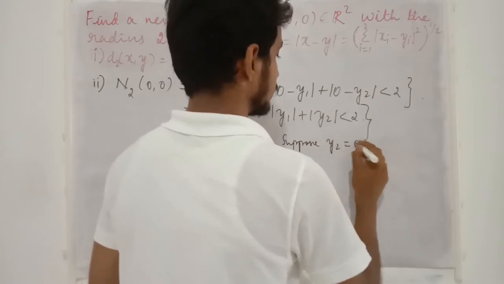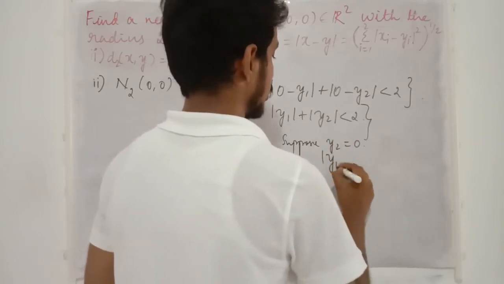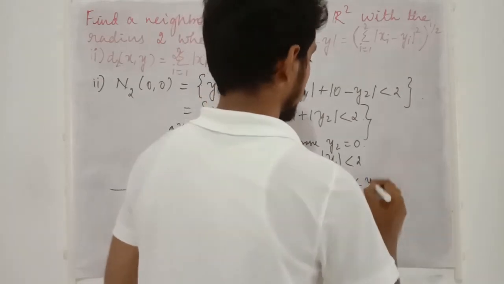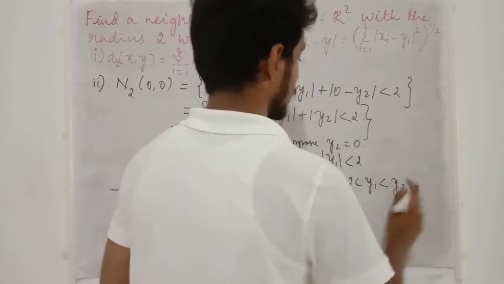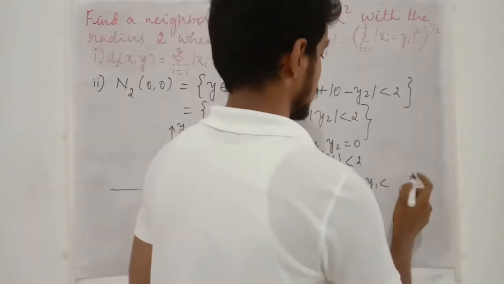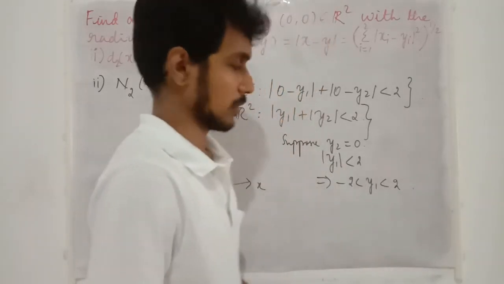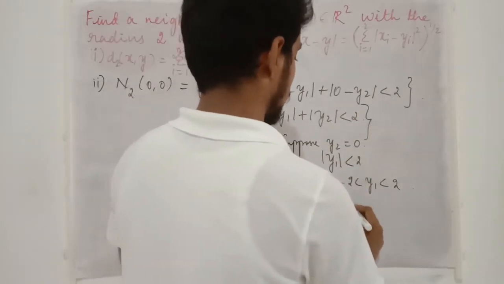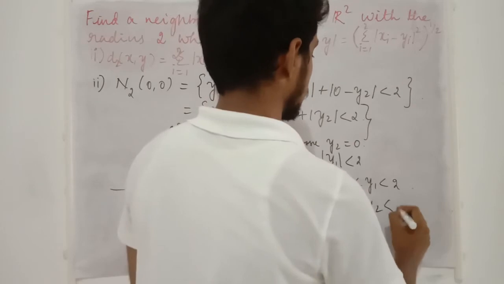Then absolute of y1 is less than 2. This tells you minus 2 is less than y1 less than 2. Similarly, the same goes for minus 2 less than y2 less than 2.